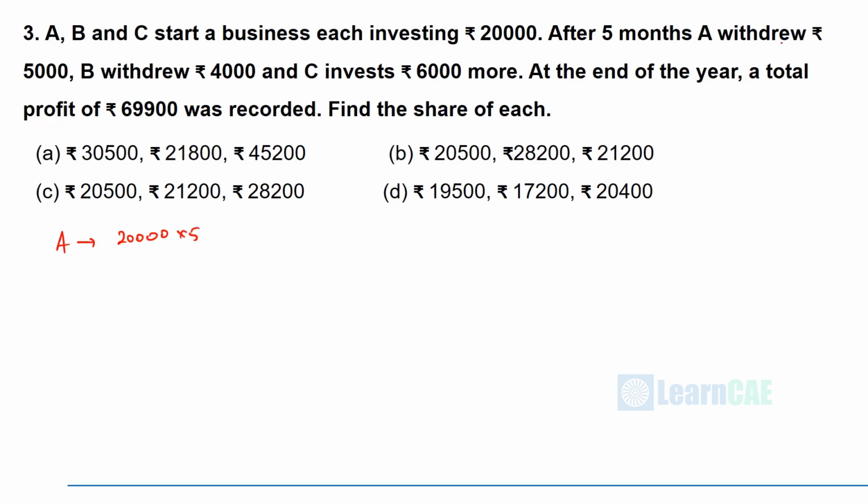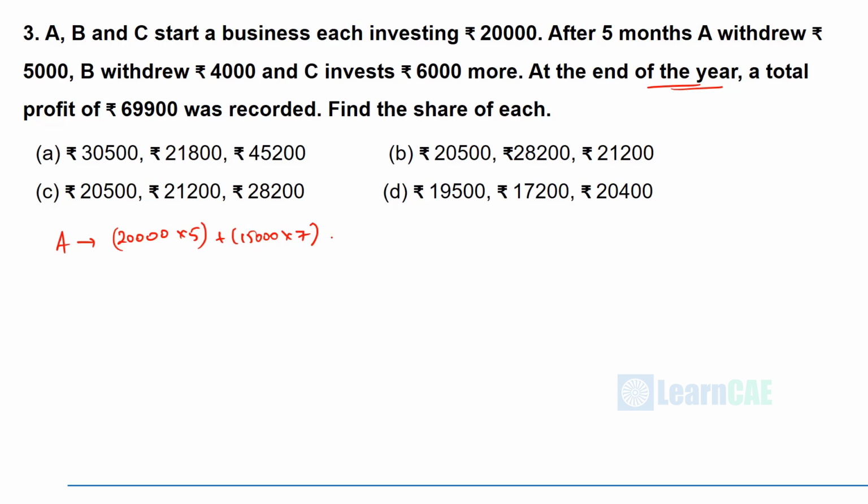Then after 5 months, he withdrew 5,000 from the capital. So his remaining capital is 20,000 minus 5,000, that is 15,000 for a period of 7 months, because we are calculating for 1 year at the end of the year. So after 5 months, we have 7 months left. For the 7 months, he has left his capital of 15,000 in the business.